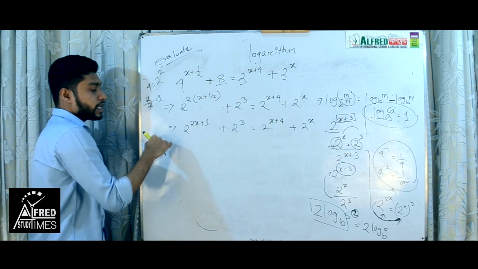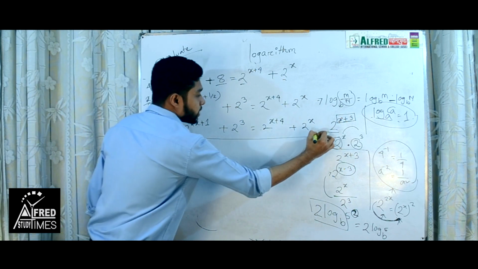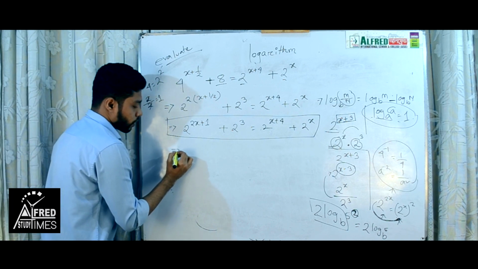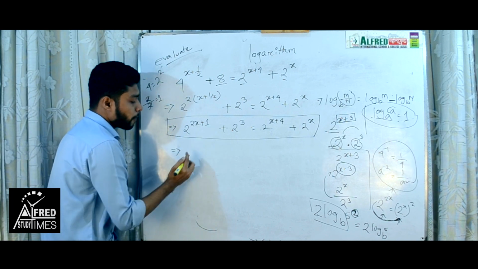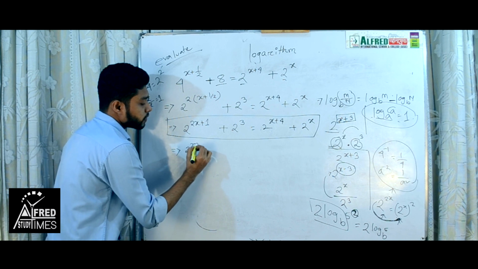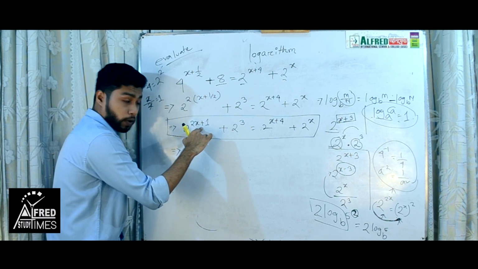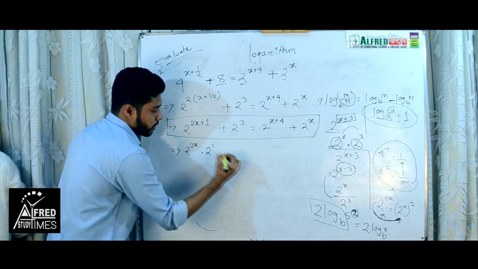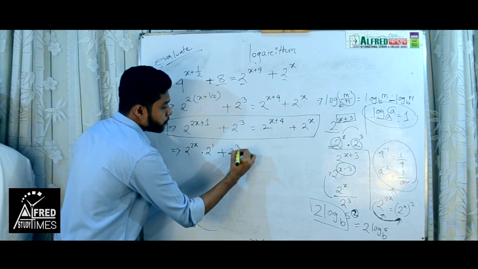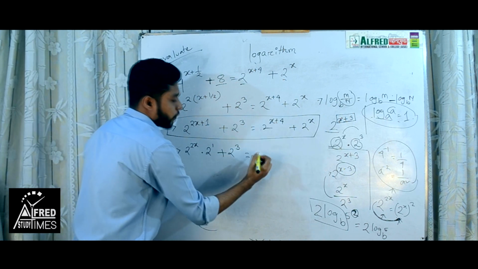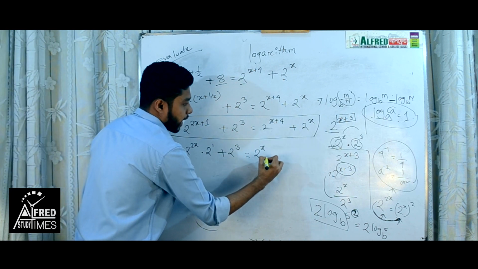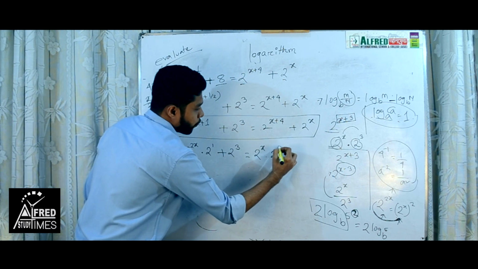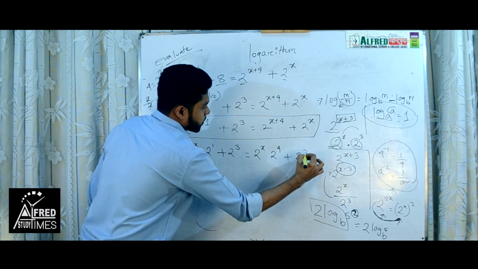Now I make this previous math like we did last one. Now we can take individually 2 to the power 2x. Then here is 4 plus sign, and we can multiply 2 to the power 1 plus 2 to the power cube is equal to, same as we can write, 2 to the power x, and there is a positive sign, it will be 2 to the power 4 plus 2 to the power x.